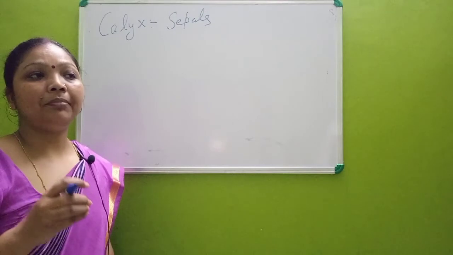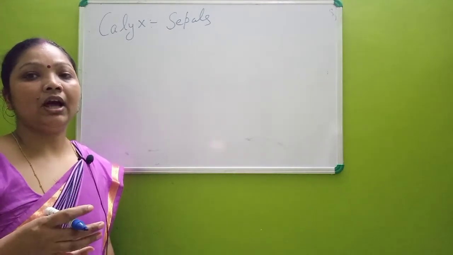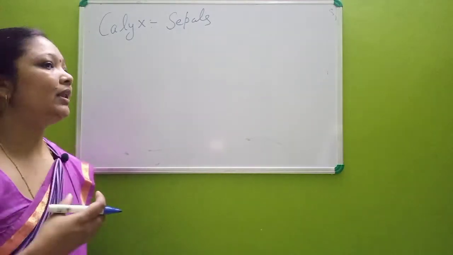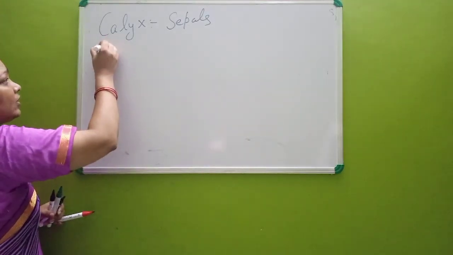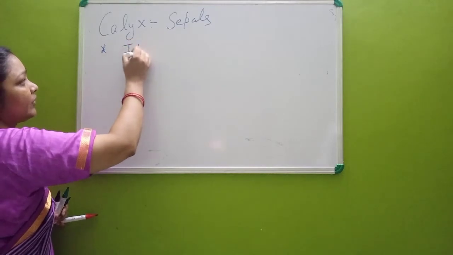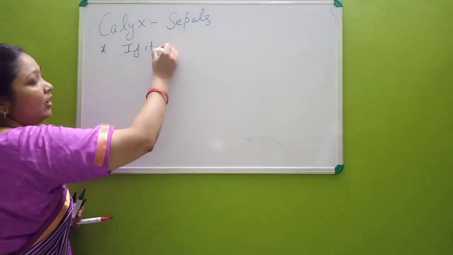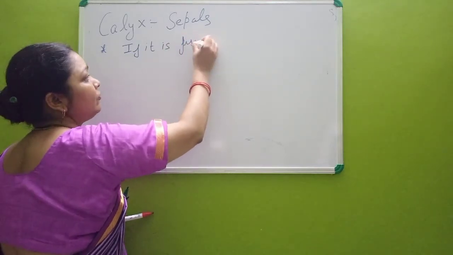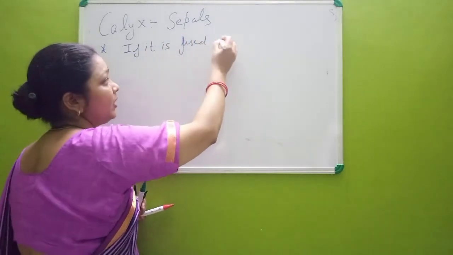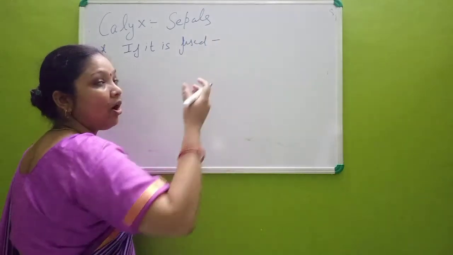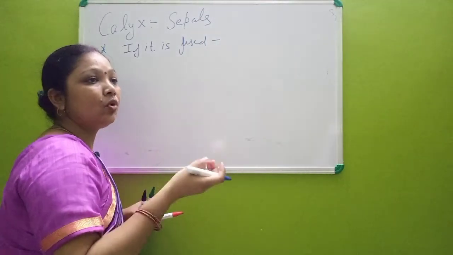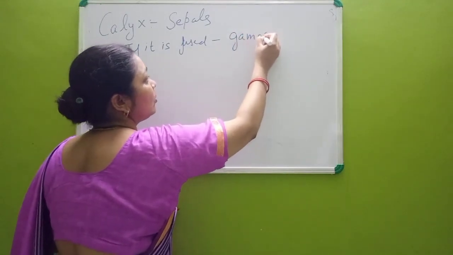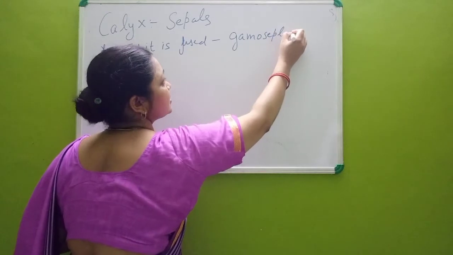Now on the basis of whether they are present in fused form or in free form, the calyx is of two types. If it is in fused form, then the condition of sepals is known as gamosepalous.